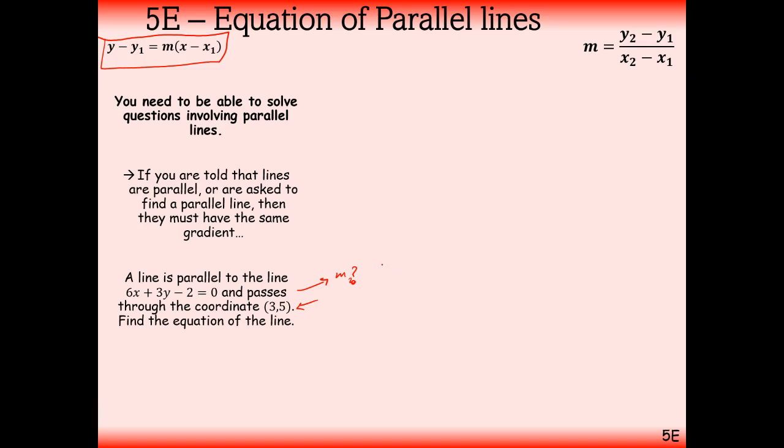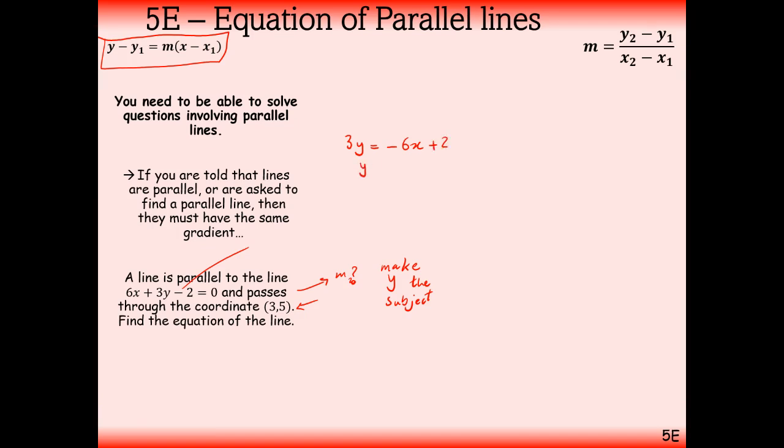First, figure out the gradient, and the intercept is not so important. Make y the subject of that equation. So let's just have a go at it, pause the video, rearrange it quickly to figure out y on one side. So we will have 3y equals minus 6x plus 2.